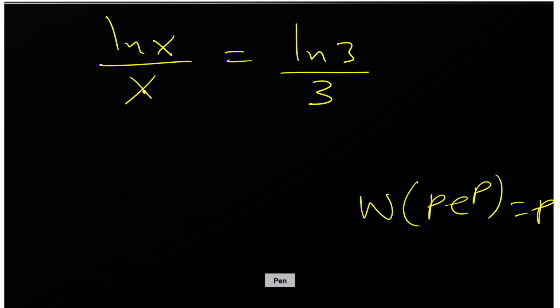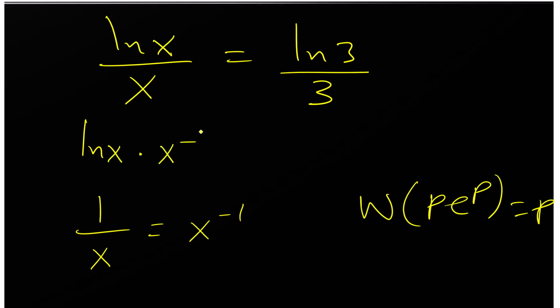Let me rewrite this x here. Before that, 1 over x is the same as x to the power minus 1. So let me write this as ln of x times x to the power minus 1 equals ln of 3 on 3.